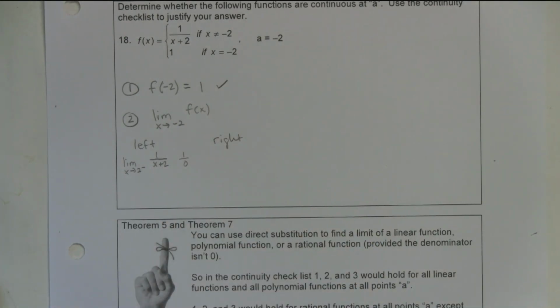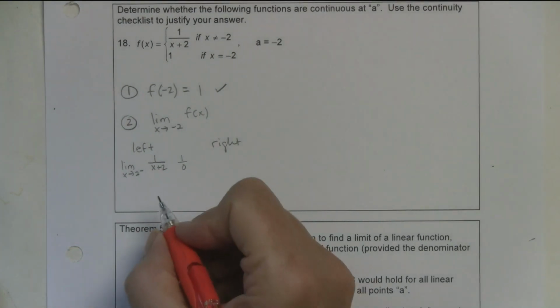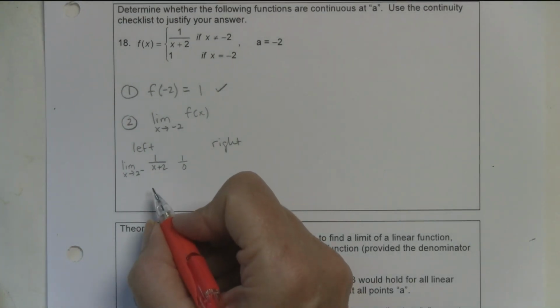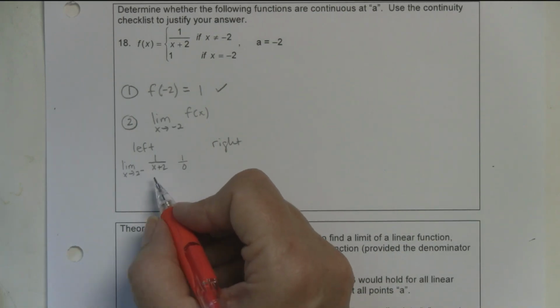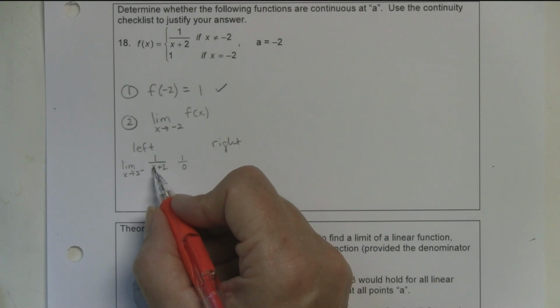I could figure out if it's positive infinity or negative infinity, but because it's over 0, I know that it is an asymptote, going to either positive or negative infinity as I approach 2. And actually, I don't really care.